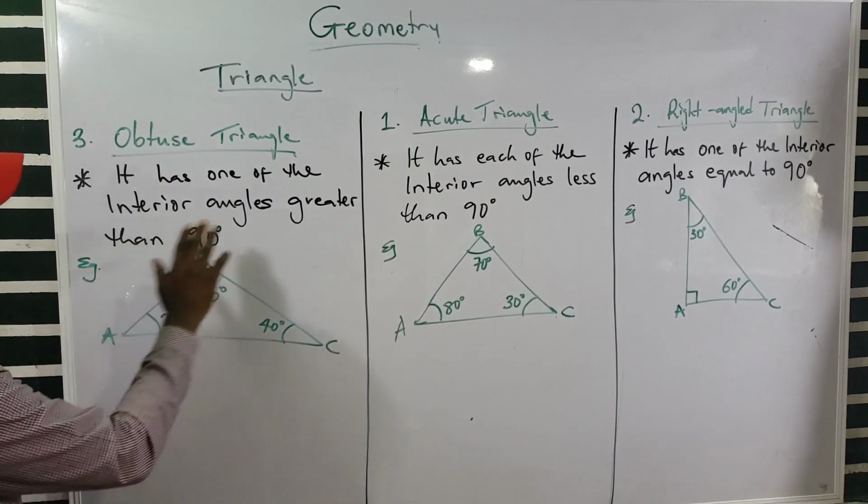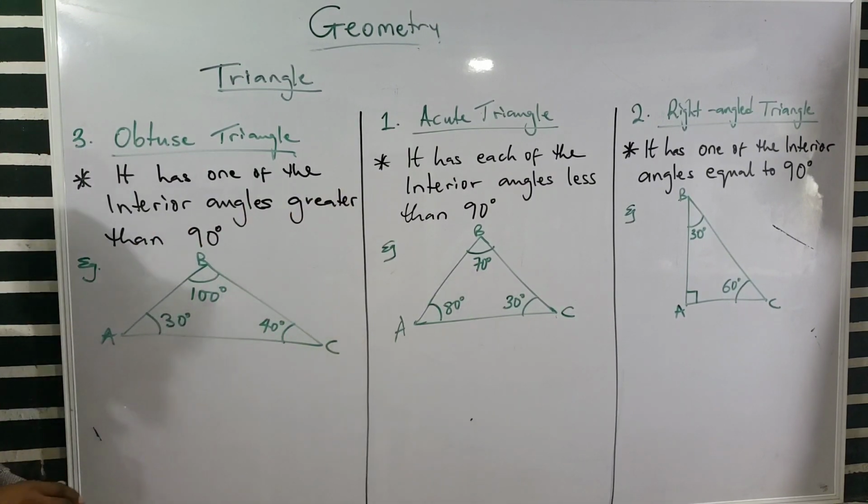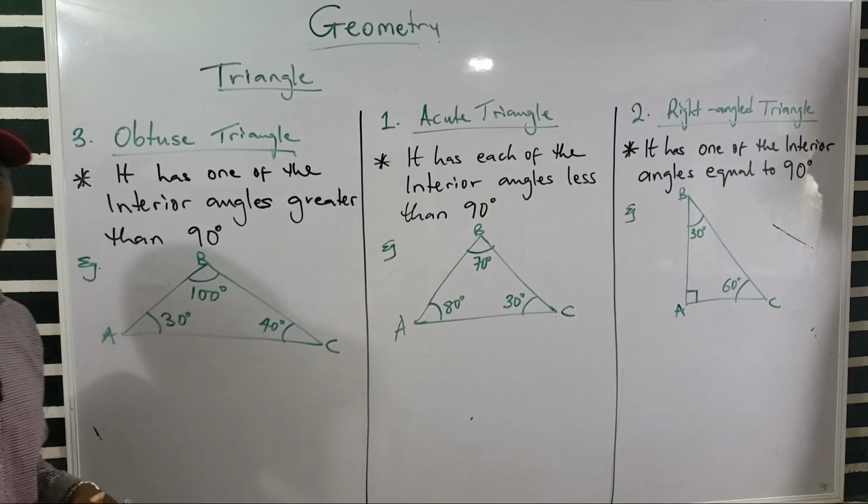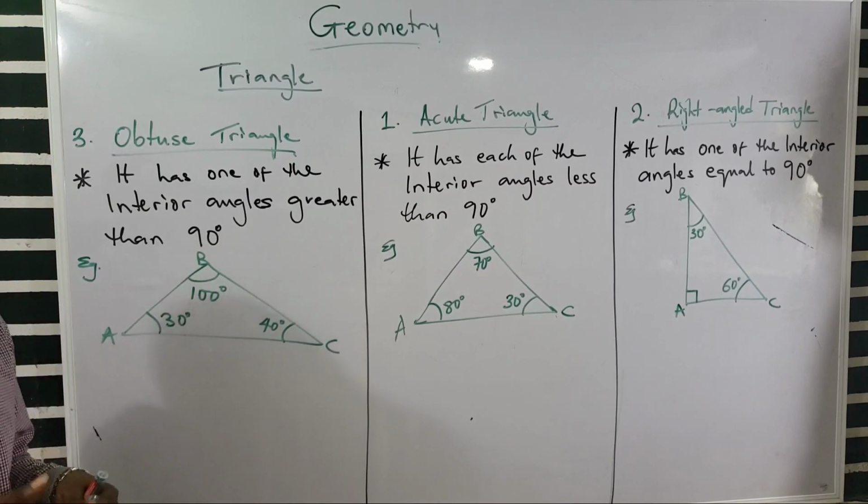Now that we have talked about the unique properties of these types of triangles based on the nature of the angles in their interior, let us now look at types of triangles and their properties based on the sides.